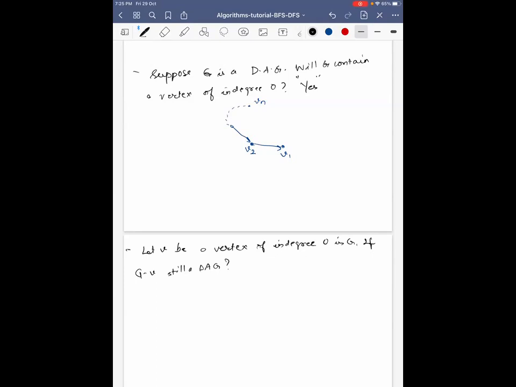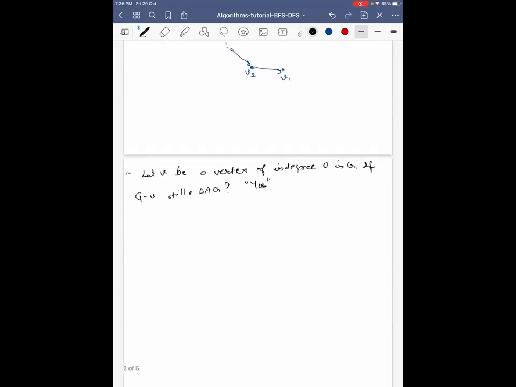We can just construct a triangle where everything points to everything and then attach a bonus. Sorry, could you please come again? No, sir, I think I'm wrong. It will continue to remain a DAG, right? Because deletion of a vertex is not going to introduce any cycles in the graph. Right. So it's going to be a DAG.